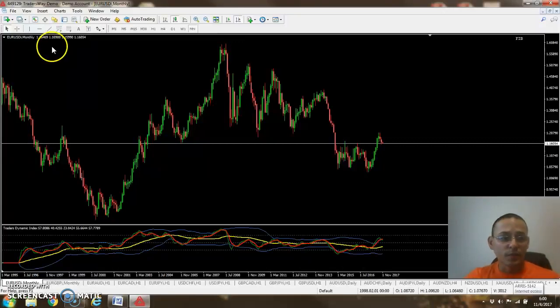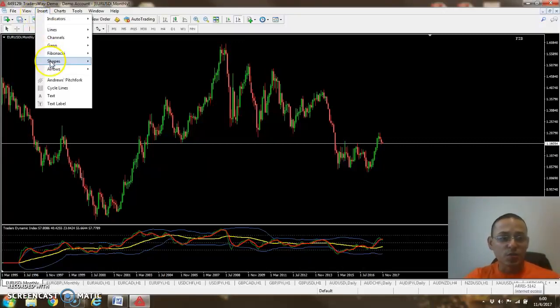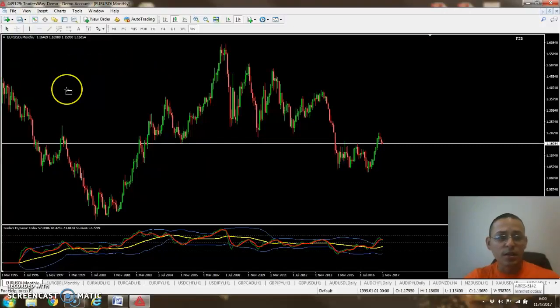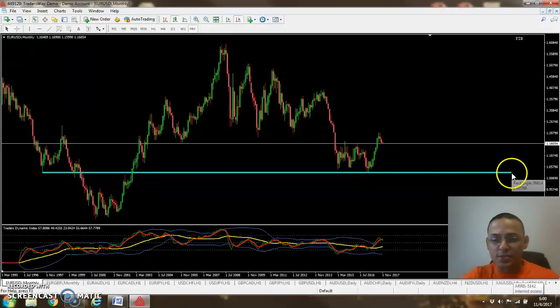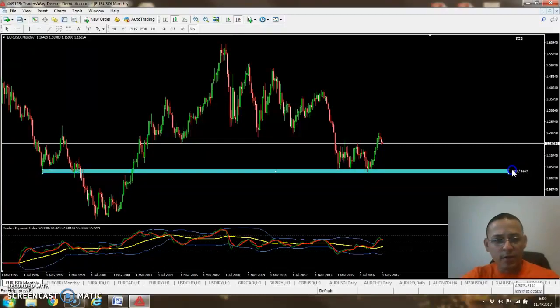All right, so for example, like I said, this is the EUR/USD monthly time frame, and I normally like to place rectangles, right? So my support and resistance is right there. Anything inside this square, I can actually make it bigger.